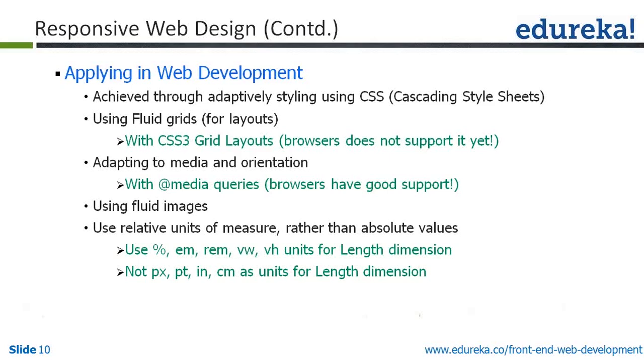Whereas if you use relative units of measure, depending on the orientation of the device, the window size and the device screen width, and depending upon whether you are printing or viewing it, you can get the responsiveness on the website.